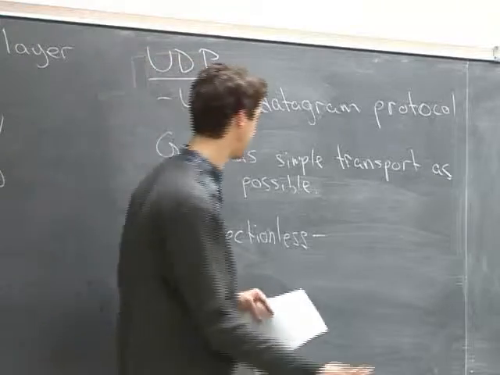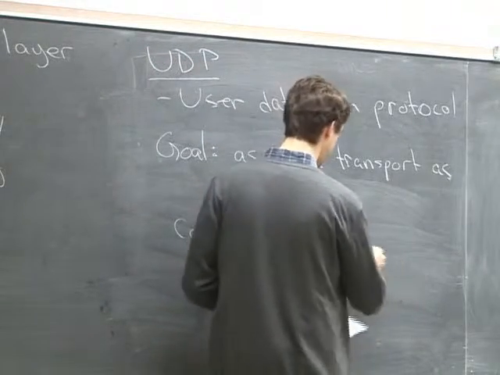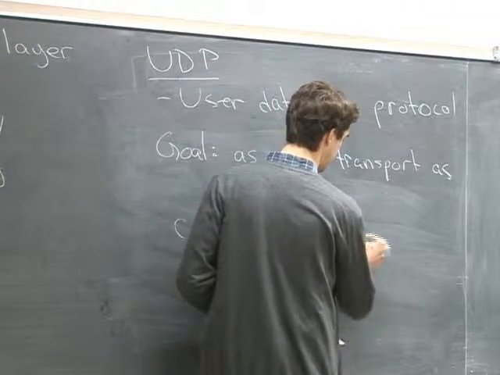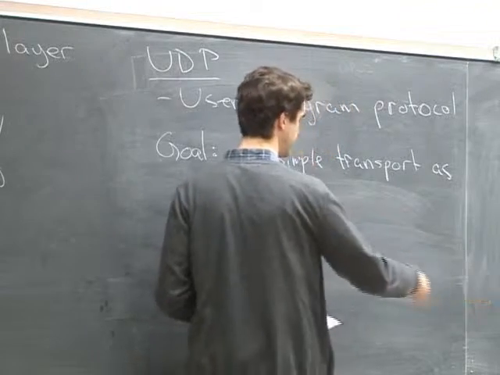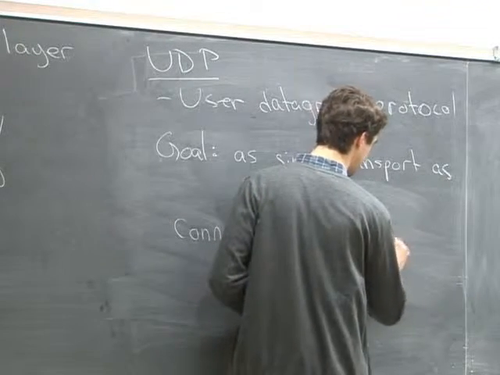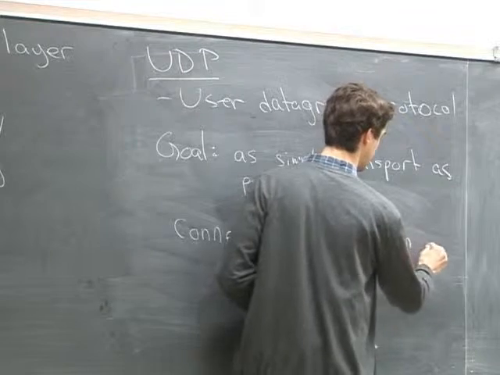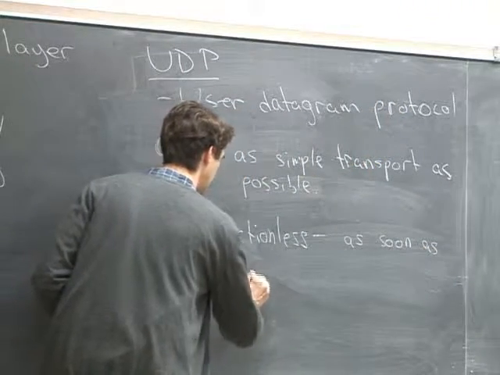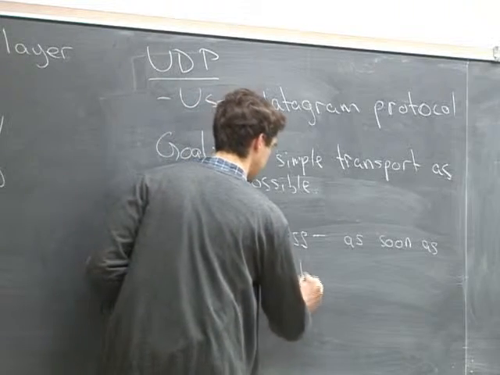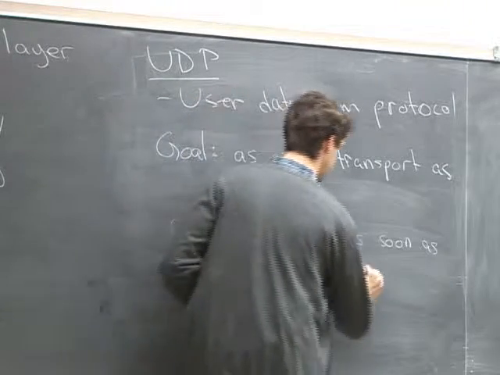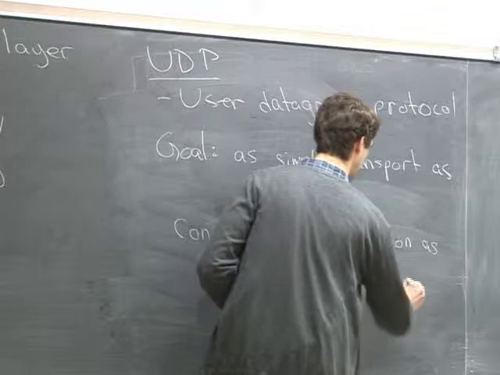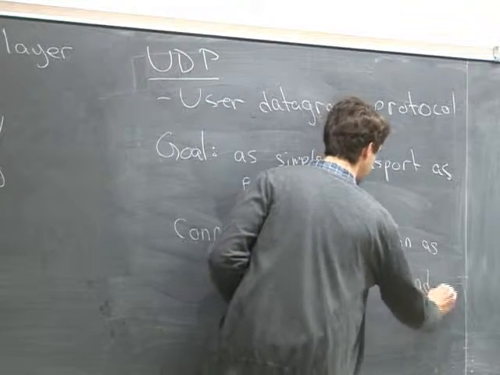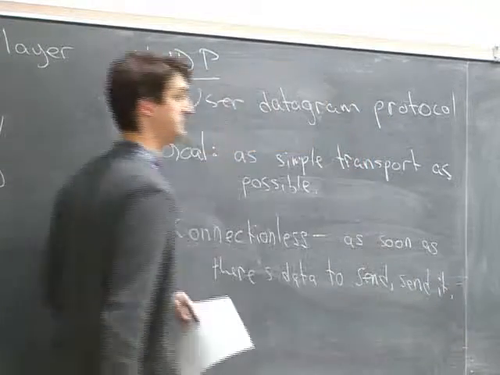And what I mean by connectionless is that as soon as an application has data that's passed to the transport layer, so as soon as there's data to send, as soon as there's data, we send it.